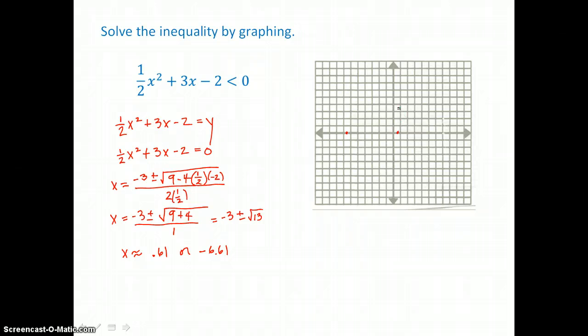Now I'm going to draw this parabola opening up, and I don't really care about the vertex. I'm going to draw it broken since equals is not part of the inequality, and I'm going to check for shading.